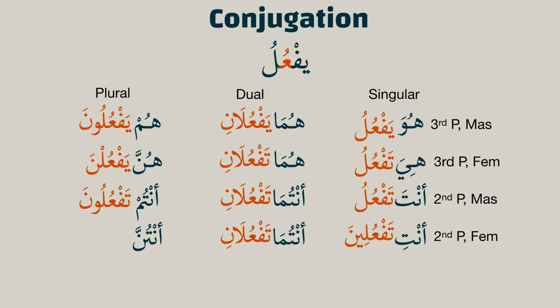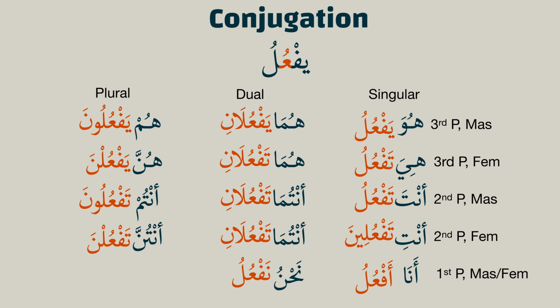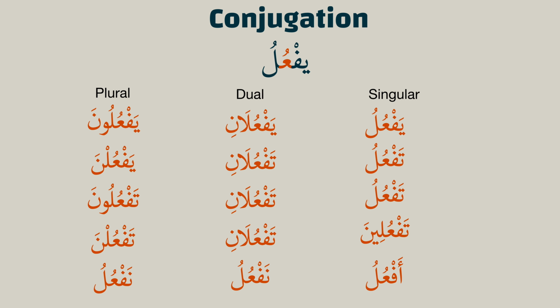And antunna taf'ulna, for plural. And now for first person, both masculine and feminine. Ana af'ulu, for singular. Nahnu naf'ulu, for dual. And nahnu naf'ulu, for plural. If we take away the pronouns, the meaning of the verbs remain unchanged.